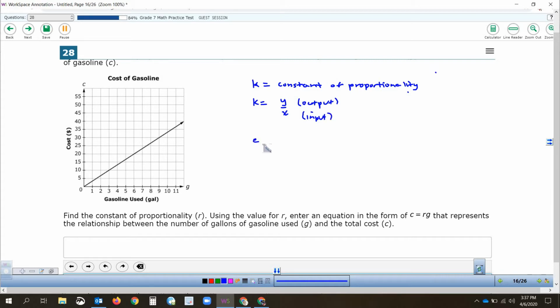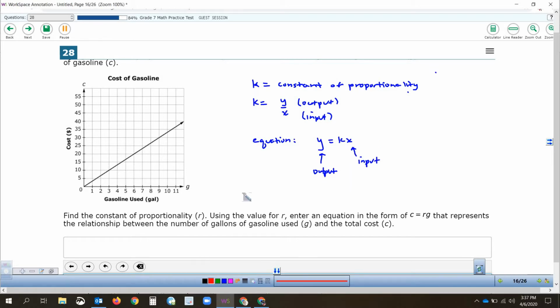And the equation of a proportional relationship can be written as Y equals KX, or the output is equal to the input times K.